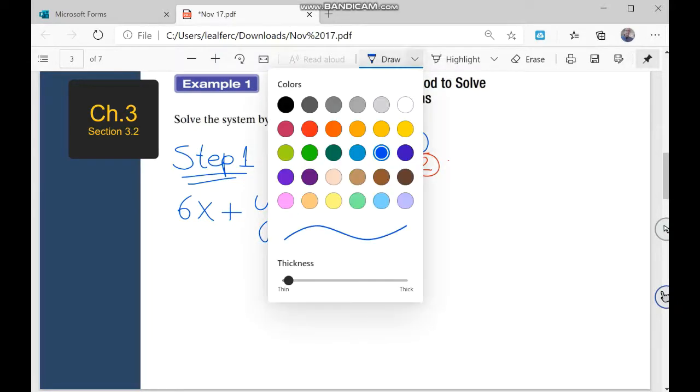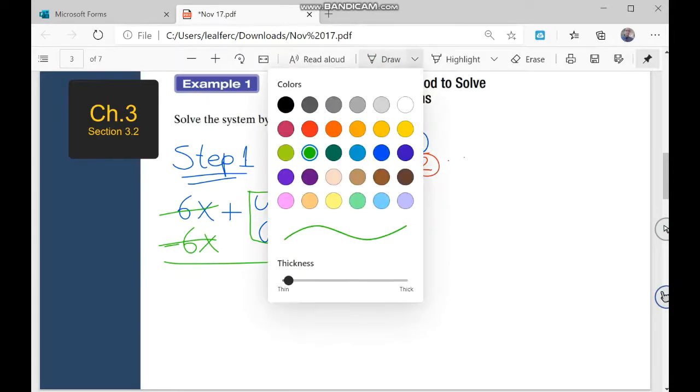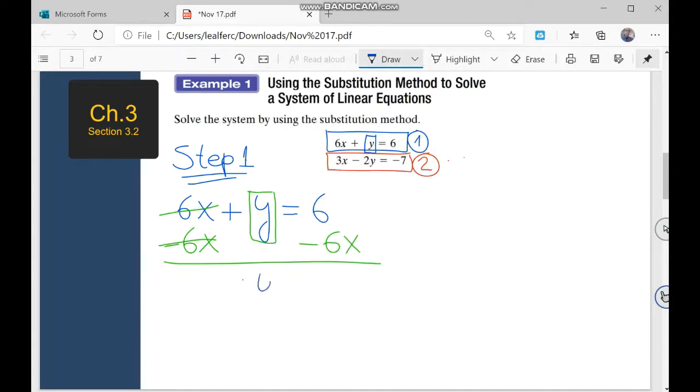To isolate y, we're going to move everything on the left-hand side to the right-hand side and keep only y on the left-hand side. So get rid of this 6x by subtracting 6x on both sides of the equation. Then we will have only y on the left-hand side, because the 6x is eliminated, and on the right-hand side, negative 6x plus 6.